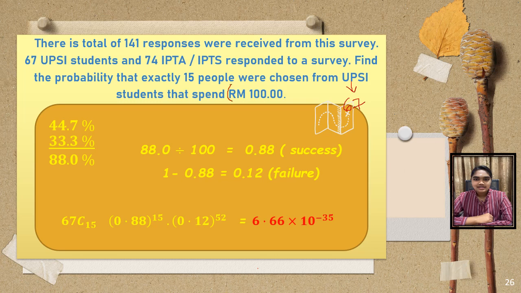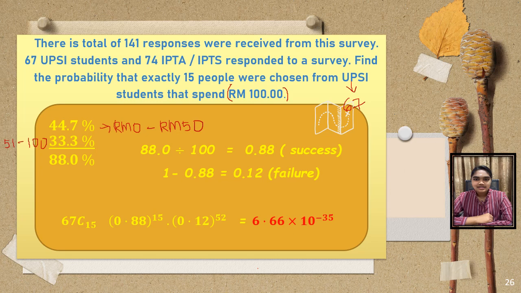Then RM100 only. There are two classes that involve RM0 to RM100: this percentage belongs to RM0 to RM50, and this class belongs to RM51 to RM100.